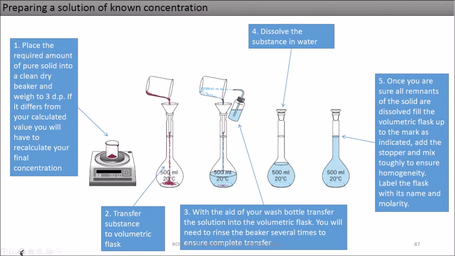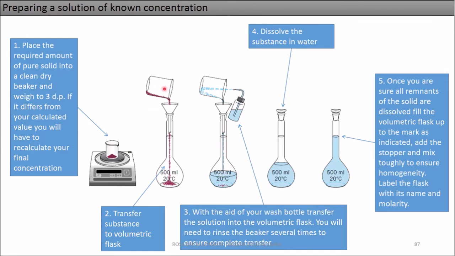So, firstly, you need to record the mass onto the electronic balance. Generally speaking, we will tell you what concentration you need to make, so you can work backwards using the concentration formula. Firstly, calculate the mass.